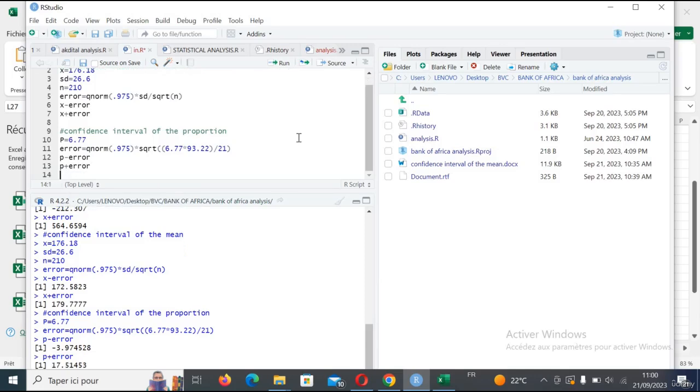Now what we have here is the evolution of the average price of action compared to the price of reference of 165 varies between minus 3.97% and 70.51% at the level of confidence of 95%.